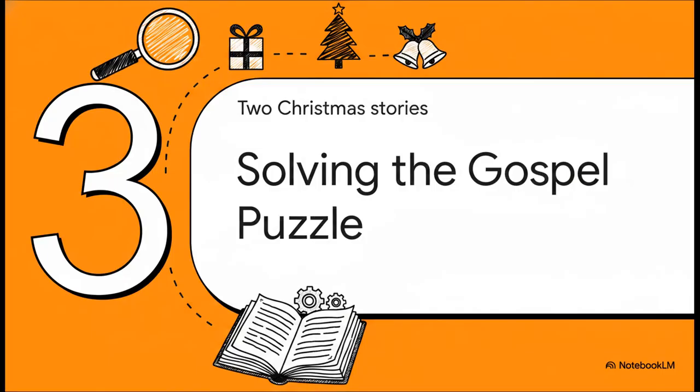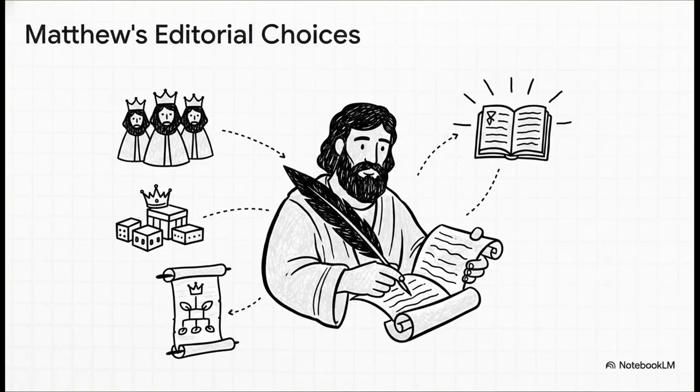All right, now that we've got our new detective tool, let's circle back and finally crack our original case, the mystery of the two very different Christmas stories. Let's start by looking at the choices Matthew, the editor, makes. He zooms in on the Magi, who, remember, are rich foreigners, not Jews. They bring these kingly gifts, and Matthew kicks off his entire book with this massive family tree that links Jesus all the way back to the great King David and to Abraham.